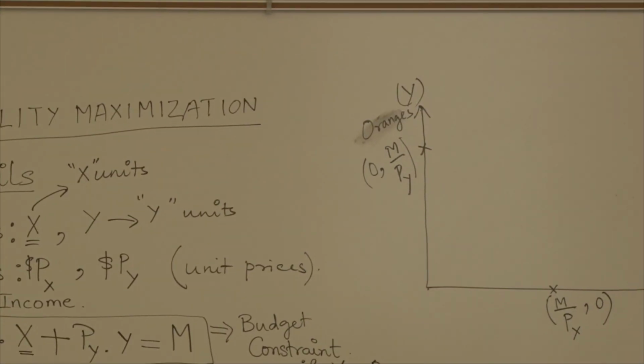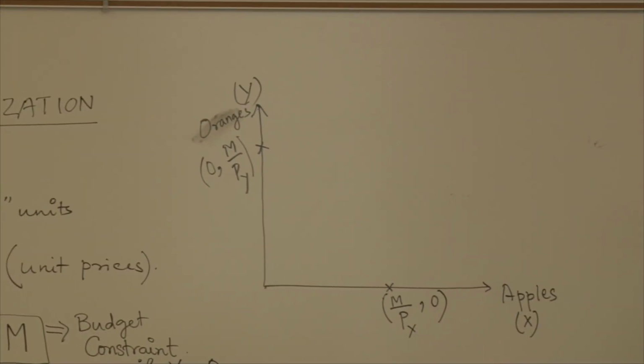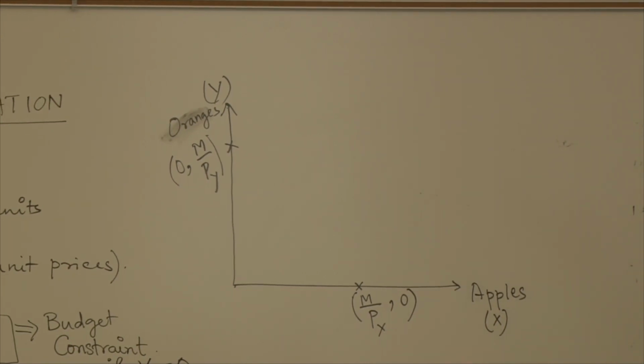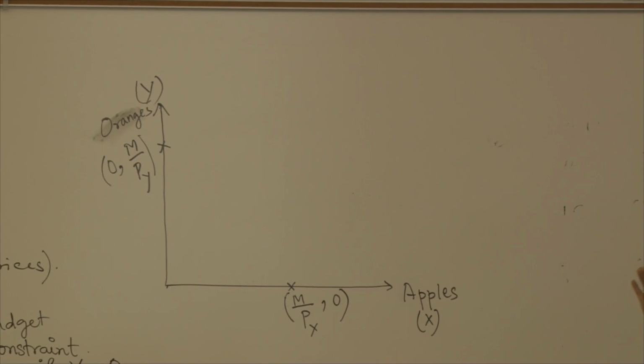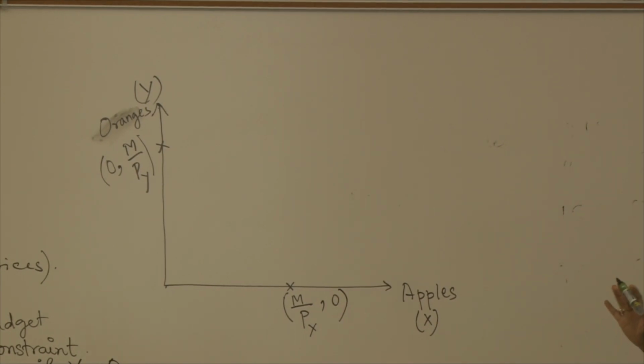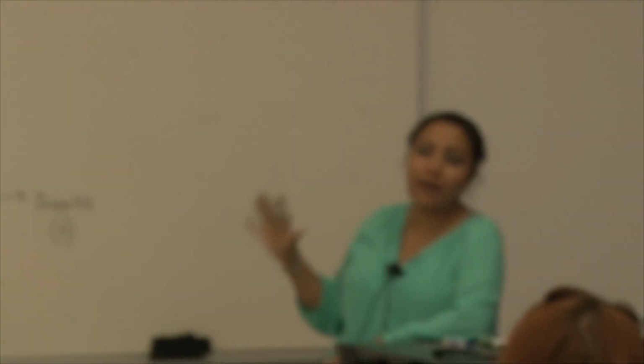So, simply put, if I do not look at those numbers, if I just try to get the intuition behind it, the gist is you have a money income, that money income is your budget, you cannot spend anything more than what you earn.